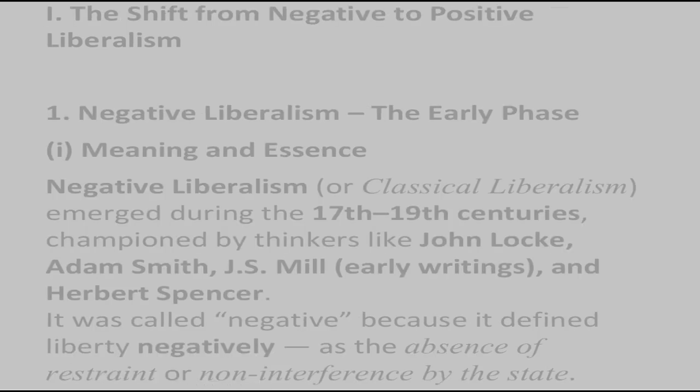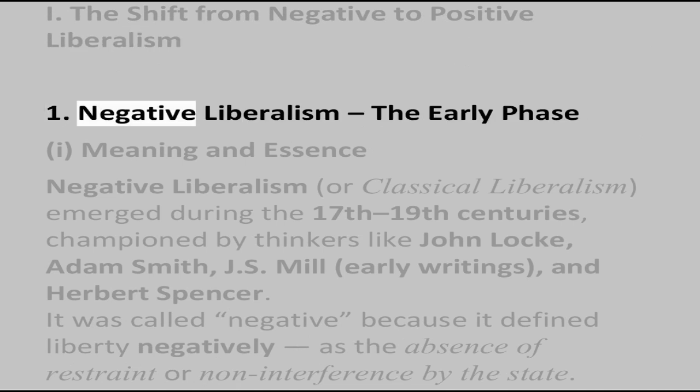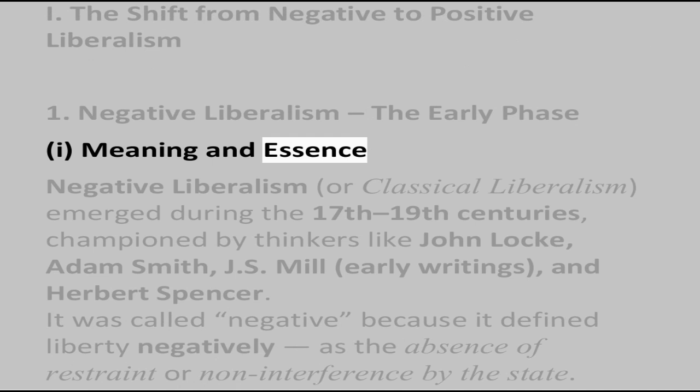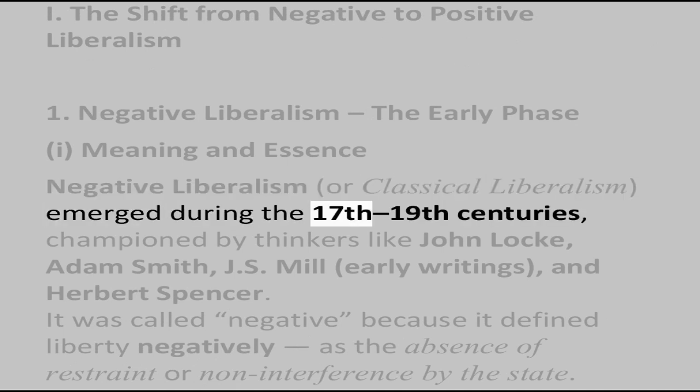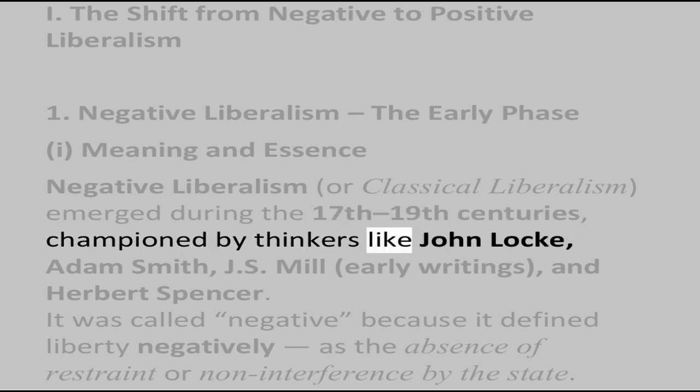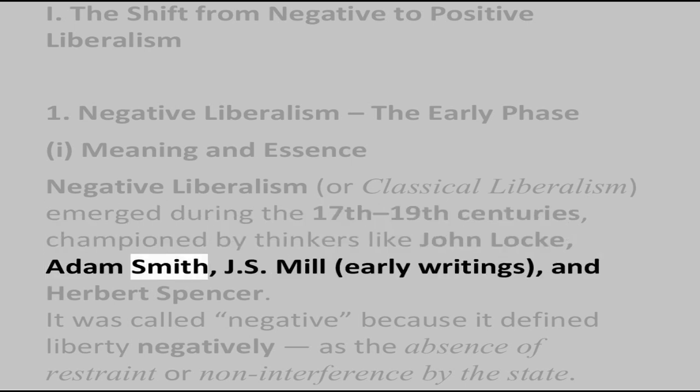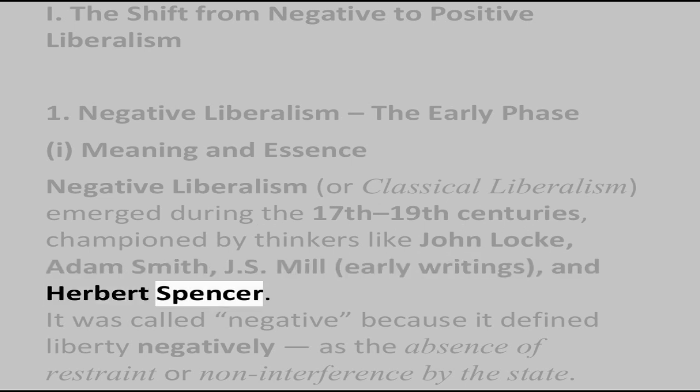The shift from negative to positive liberalism. 1. Negative liberalism, the early phase. Meaning and essence. Negative liberalism, or classical liberalism, emerged during the 17th to 19th centuries, championed by thinkers like John Locke, Adam Smith, J.S. Mill (early writings), and Herbert Spencer.